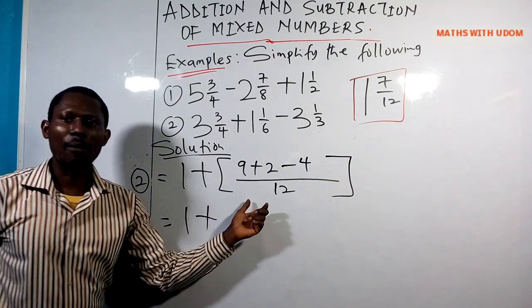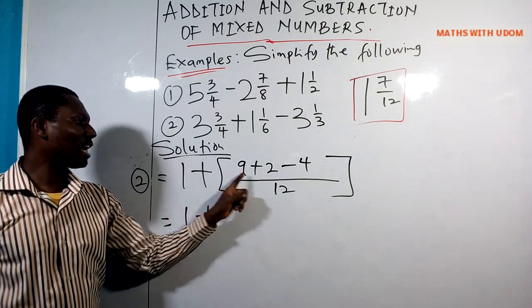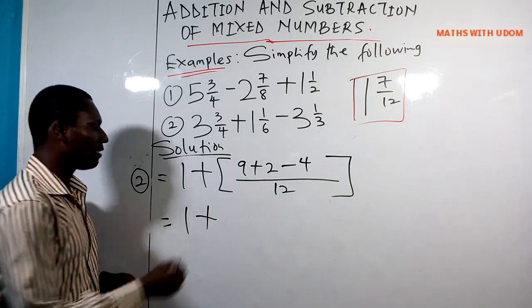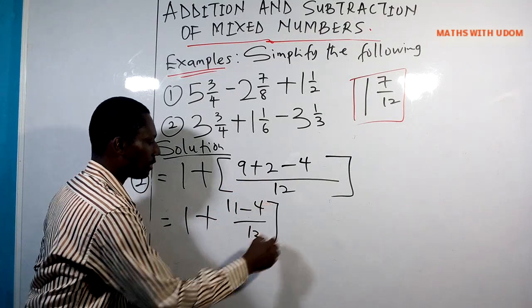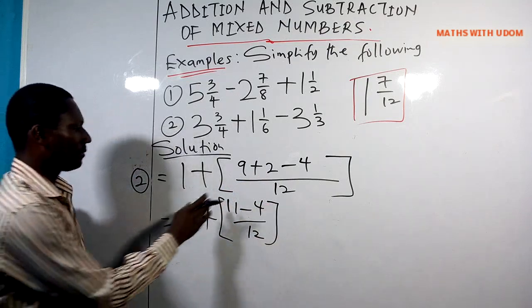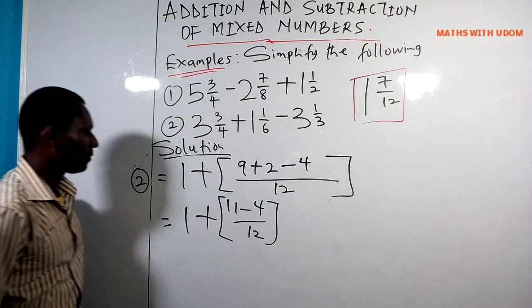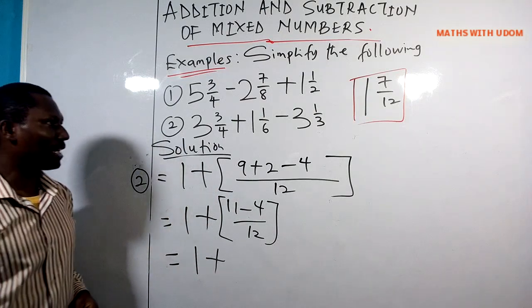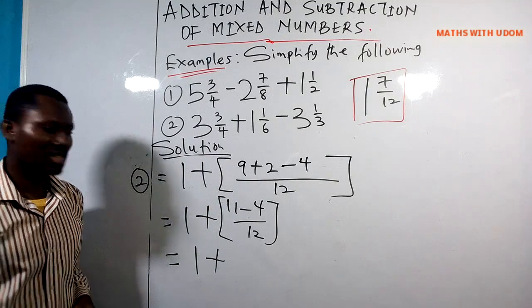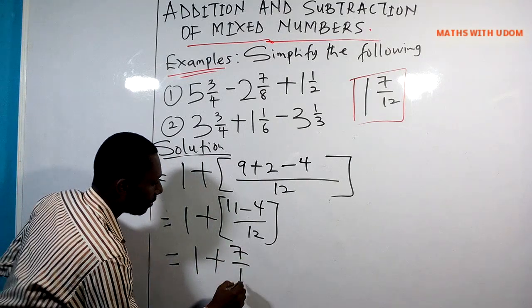So we add our numerators together. 9 plus 2 is what? 11. 11 minus 4 divided by what? Divided by 12. And that will give us 1 plus. 11 minus 4 will give us what? 7. 7 over 12.